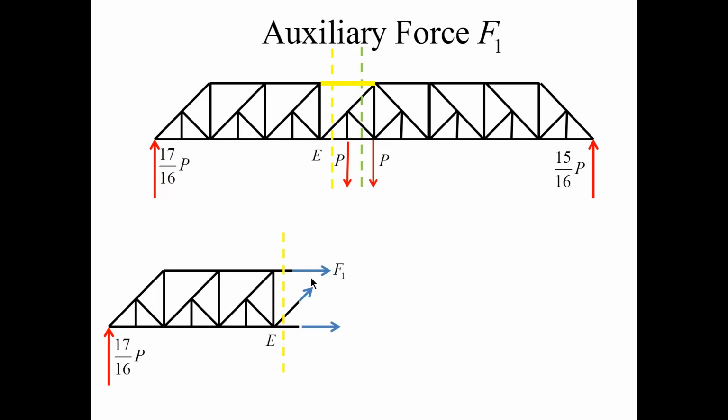Here's the free body diagram associated with the yellow cut, and the primary unknown here is F1, and therefore the natural equation will be the sum of the moments about E, simply because it kills these 2 forces. As a result, I find that F1 is a compressive force equal to 51/16 P.